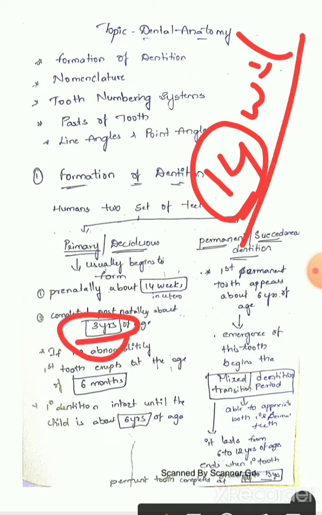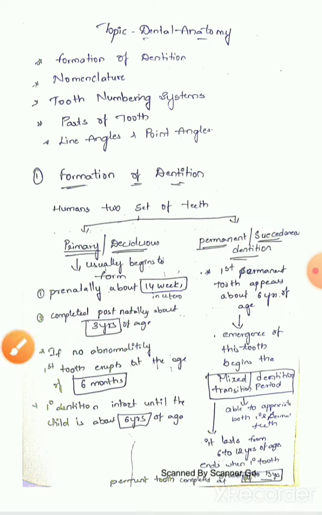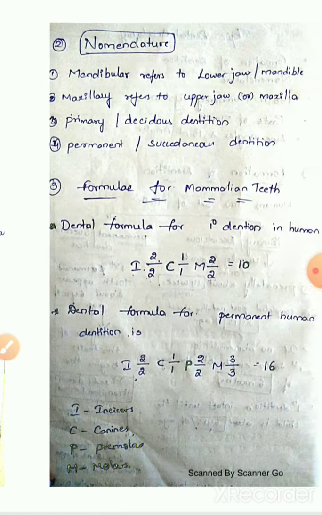Usually at the 14th week we can appreciate the formation of tooth buds, and it progresses into a complete tooth form. We can appreciate a complete set of primary dentition in a 3 year old child. So it starts at the 14th week and completes postnatally, after birth, at 3 years of age.